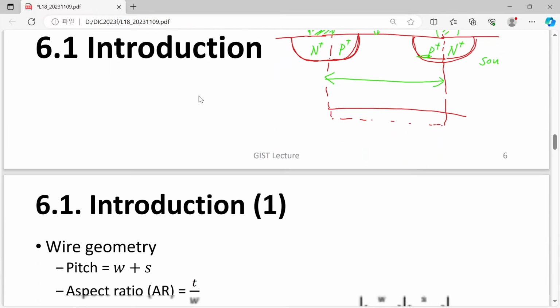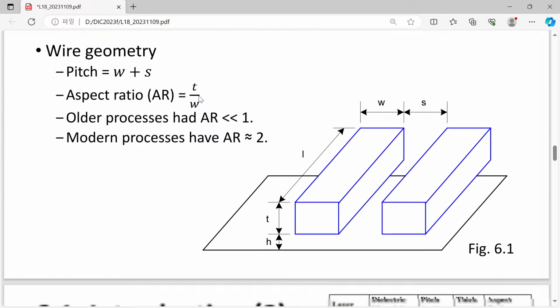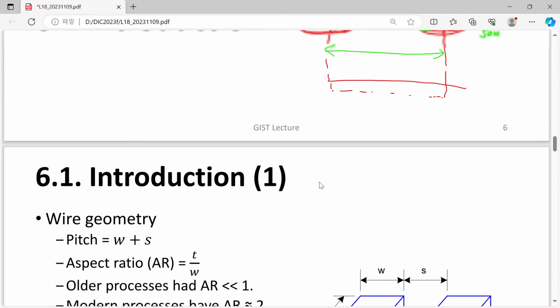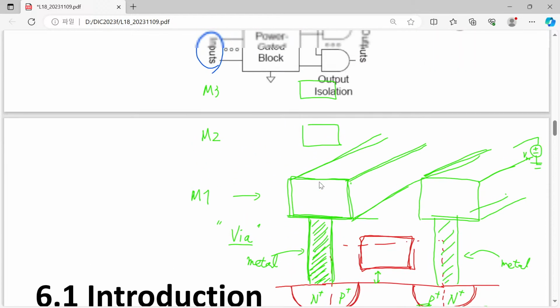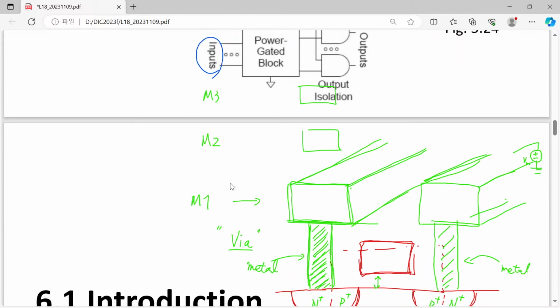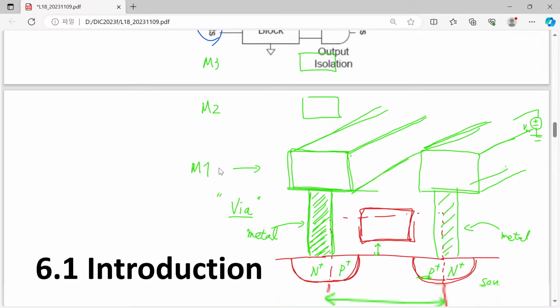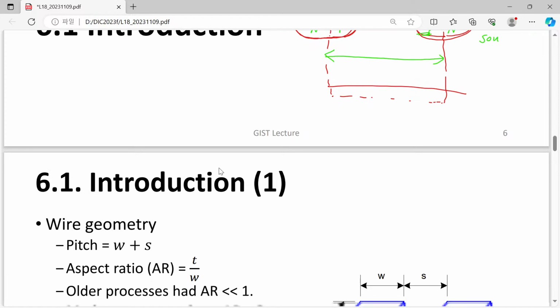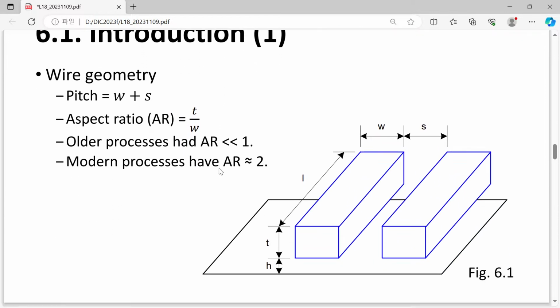So now let's think about this one. Here you are looking at two wires running in parallel. What is it? Actually, this corresponds to your metal lines shown here. So, of course, depending on level M1, M2, M3, the size of a metal line can differ.